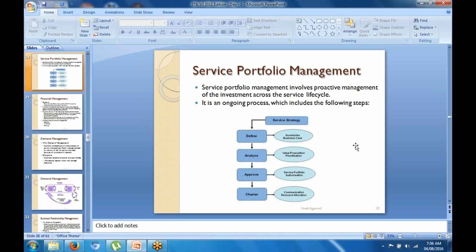Then we get approval for service portfolio authorization, and then charter, that is communication and resource allocation. So under service strategy, we define, analyze, approve, and charter. We do a service portfolio authorization.